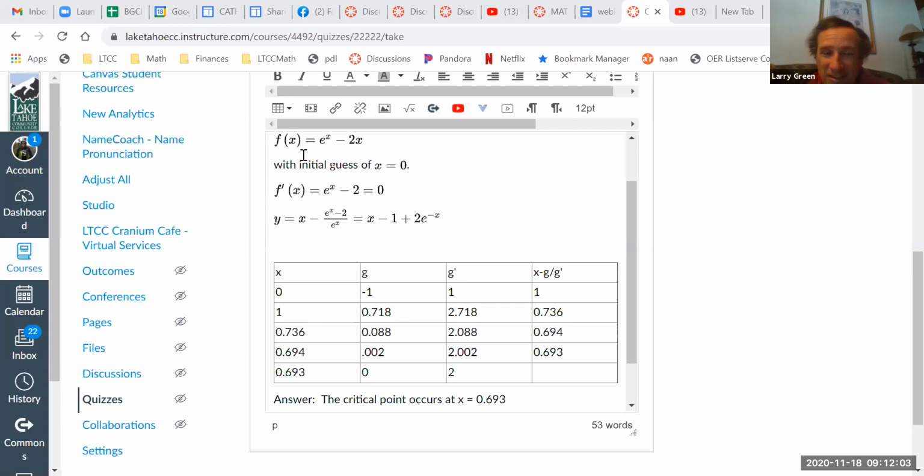If this is what you consider a brutal derivative, you're not making it. E to the x minus 2x is an easy derivative. I hope you all agree. It doesn't use a product, chain or quotient rule. Even power rule. Any more questions?